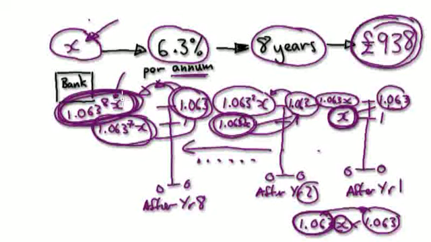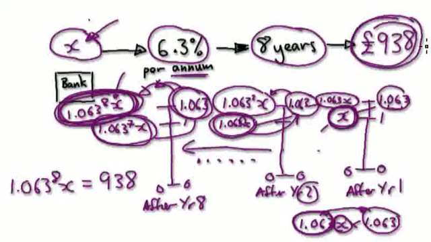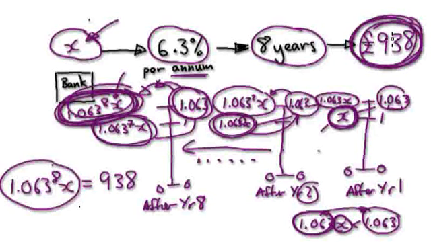Remember, this x represents the original value. So the equation is 1.063 to the power of 8 x equals 938, because we're told in the question that our final amount is £938.